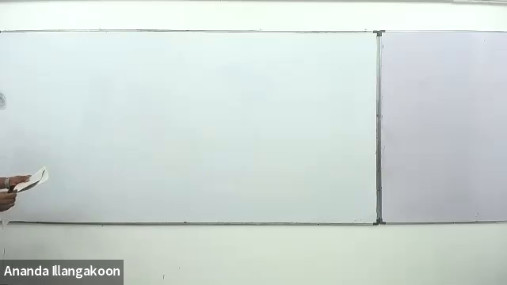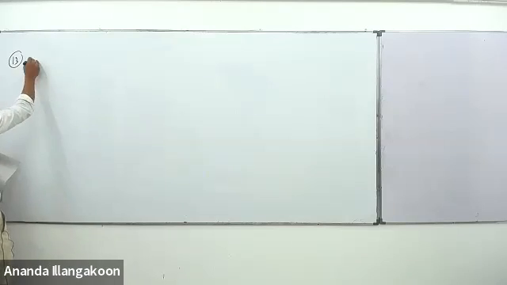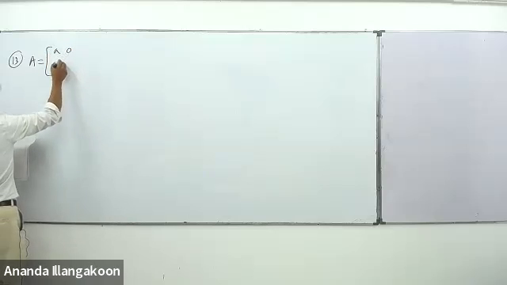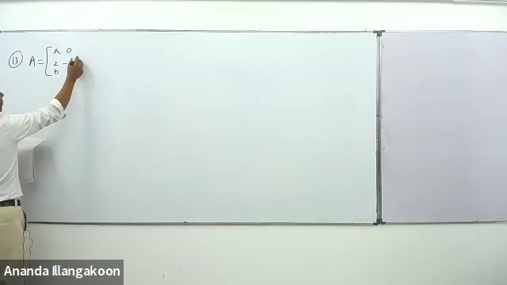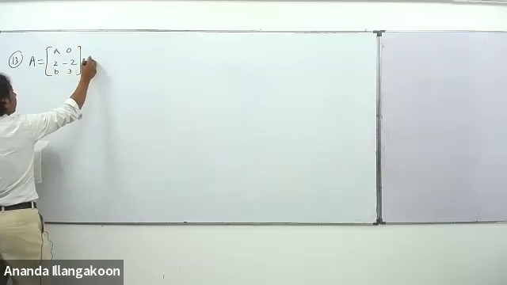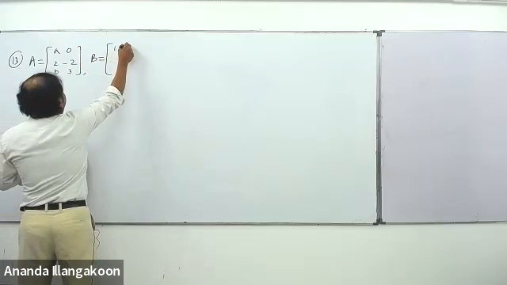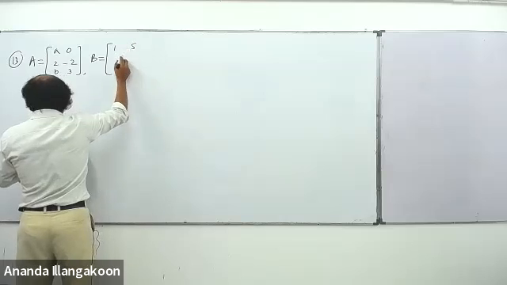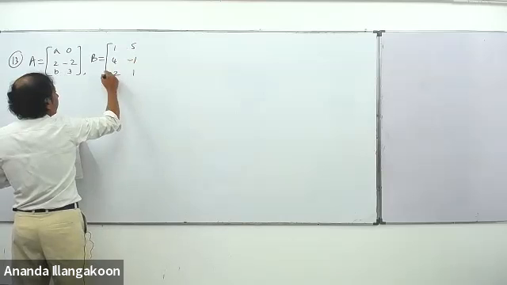It is matrices. Given A equals [0, 2, minus 2, B, 3]. B equals [1, 5, 4, minus 1, 2, 1].